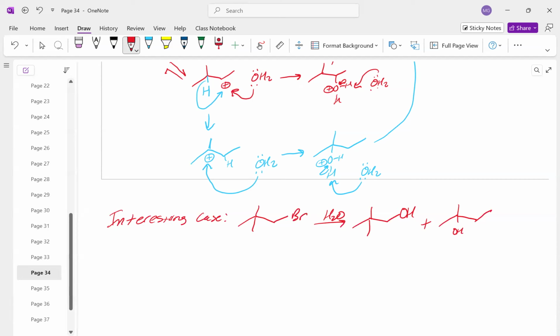That's what we would predict. But here's the cool thing. This product is not even observed, not even a little bit. The only substitution product is the rearranged one.